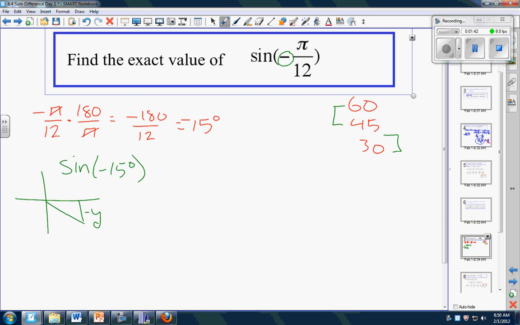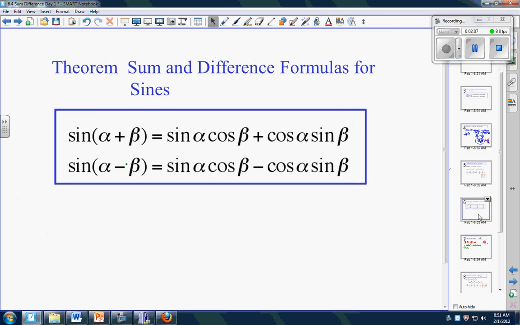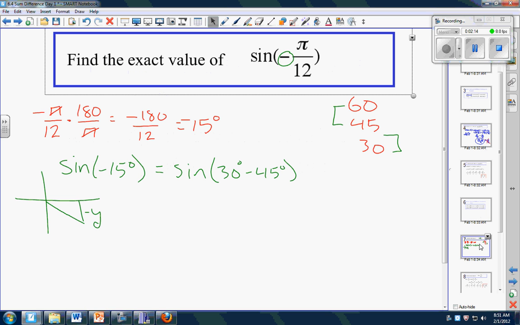Now, if we did 60 minus 45, that gives us positive 15. If we did 45 minus 30, that gives us positive 15. So you got to get these things in the right order. So I'm going to pick 30 degrees minus 45 degrees and see what happens. Okay, so the sine formula again tells us, if we're doing a subtraction, sine first, cosine second, minus cosine first, sine second.